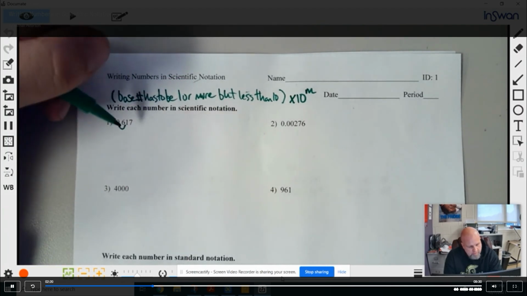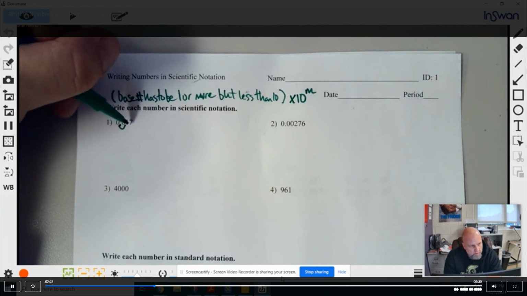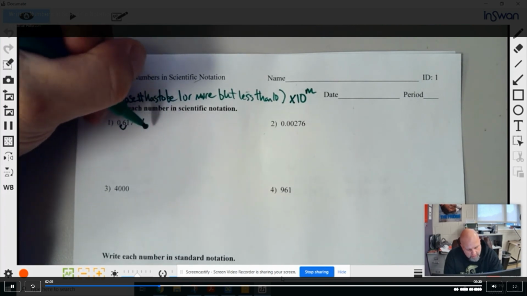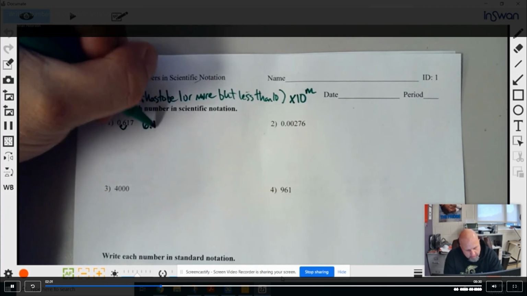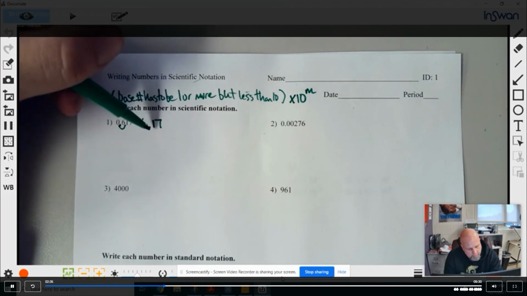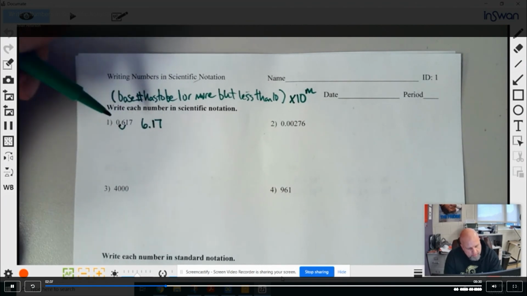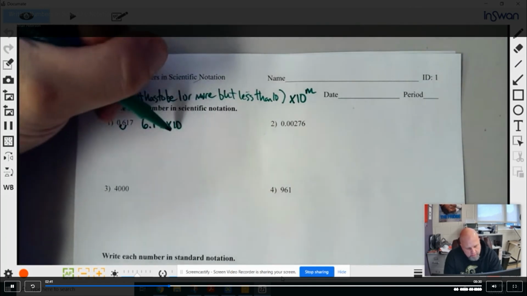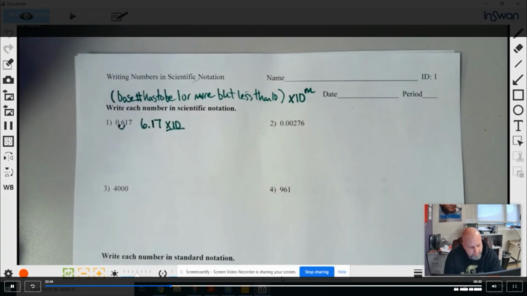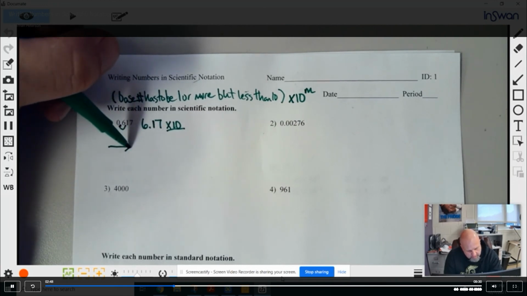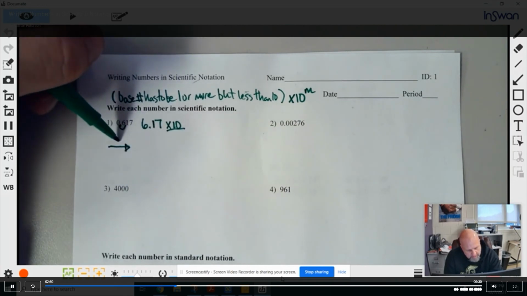So I'm going to stop there, because if I moved it one more, you'd be at 61.7, and that would be way too large. I'm going to write down my new base number, cleaned up, with my new decimal spot: 6.17. Then you always add times 10. That piece goes on automatically. If you're moving your decimal to the right, it's going to be a negative exponent.